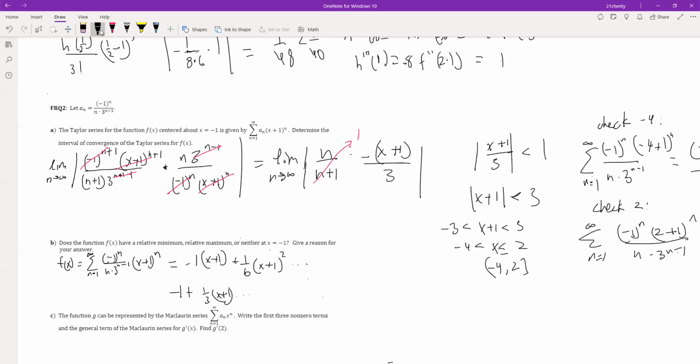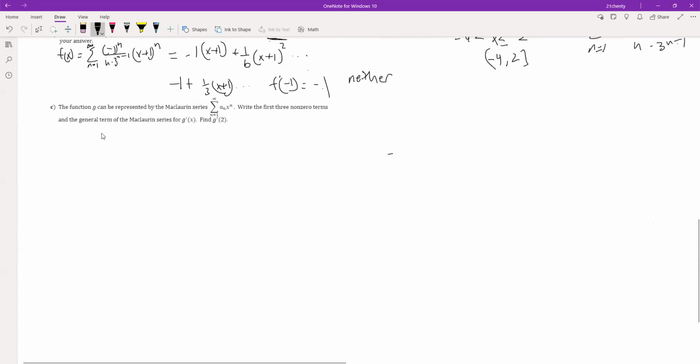And all of these subsequent terms are going to have x plus 1 to some power. And we see that since we're plugging in x equals negative 1, that's all going to become 0. So everything after the negative 1 is 0, which means that f prime of negative 1 equals negative 1. Which means there's neither a relative max nor a relative min.